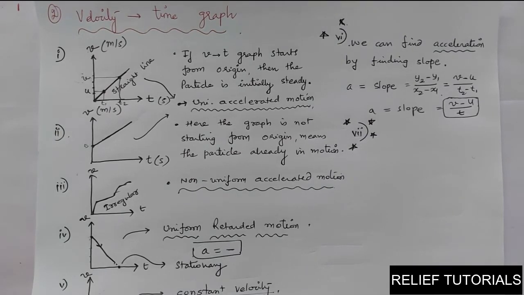The train is stationary on the platform. Now the train starts to move, and at the same time you start taking observations. At time t equal to 0, the train speed is 0.